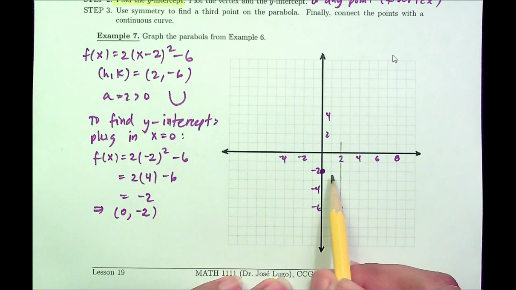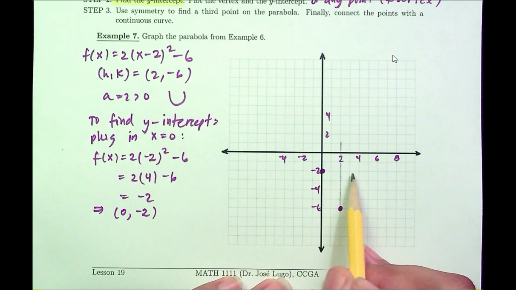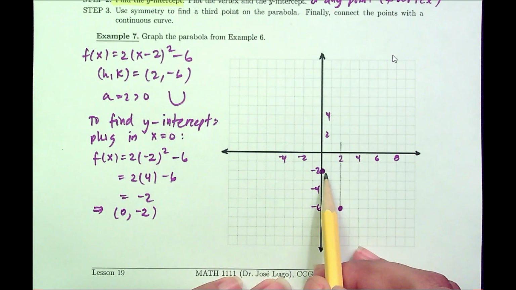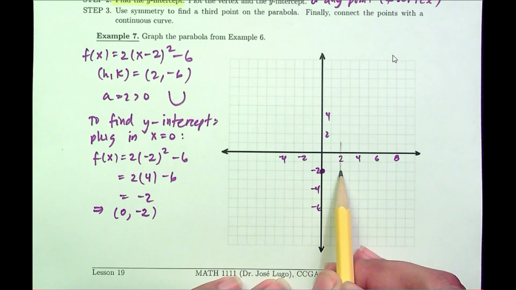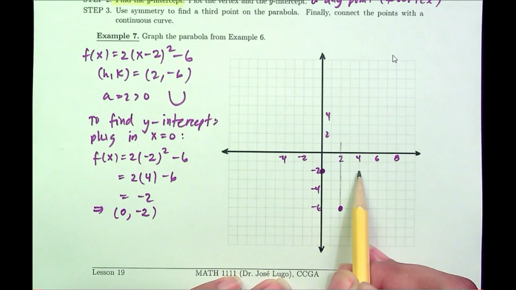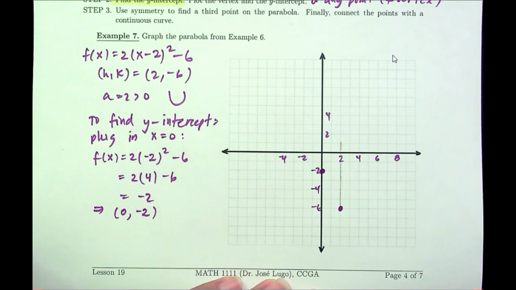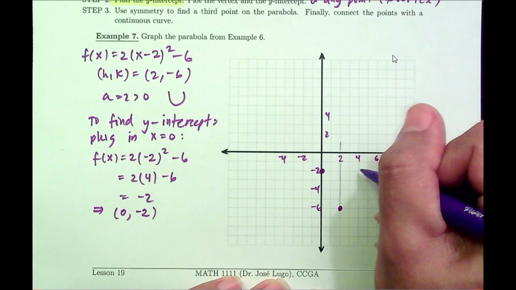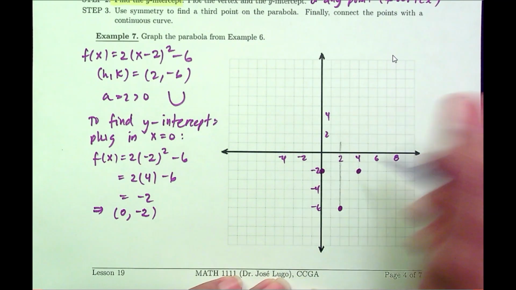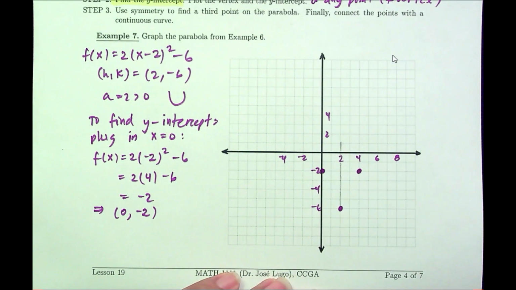And then, because this is symmetric with respect to that, I just need another point that is on the opposite side of that mirror, of that axis of symmetry. The distance between the axis of symmetry and this point that I chose is 2. So I just need to draw another point that is at the same distance but on the opposite side. So 2 to the right of the axis of symmetry, which is this. And there you have it, 3 points.